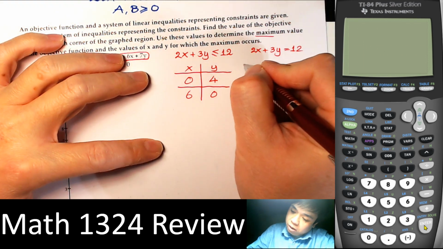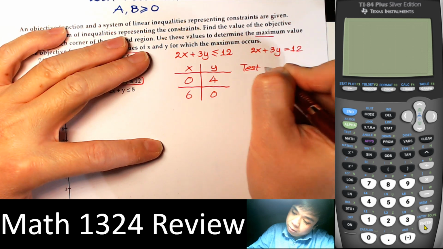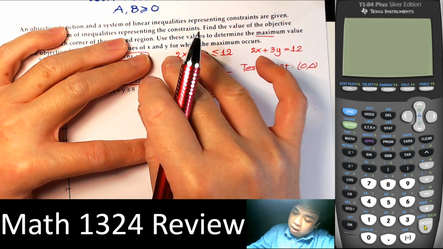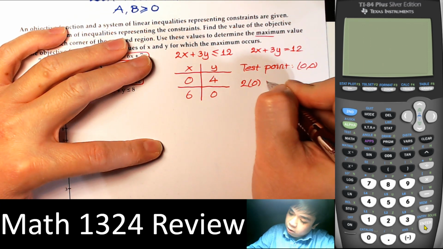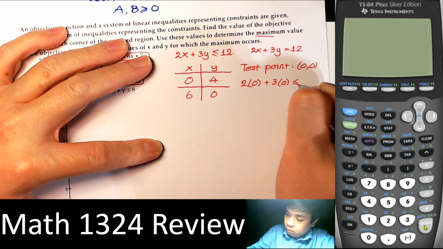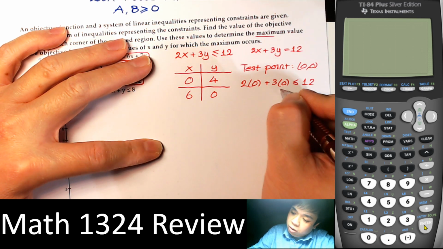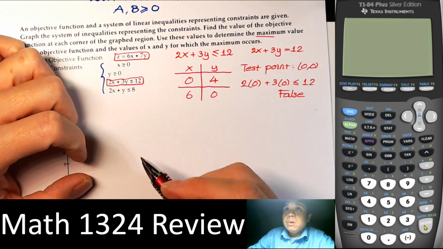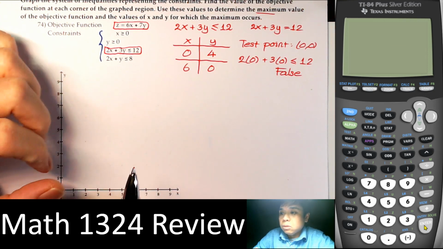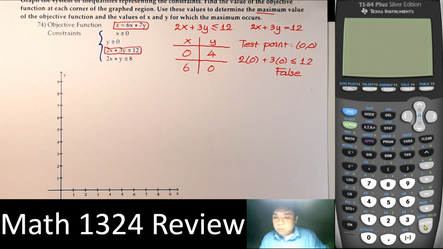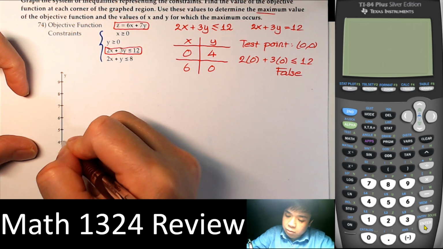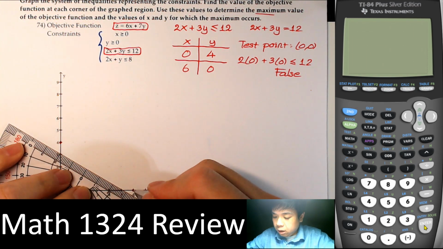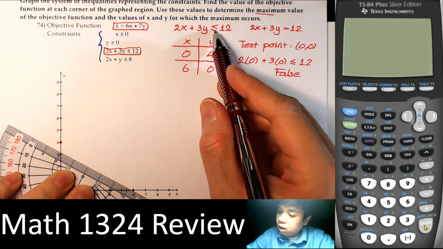Now the test point. And we choose 0, 0. Put that in here. And we have 0 less than 12, so that is true. And this is the solid line.